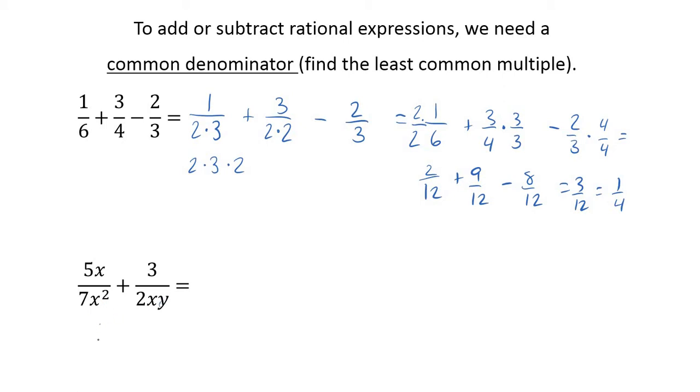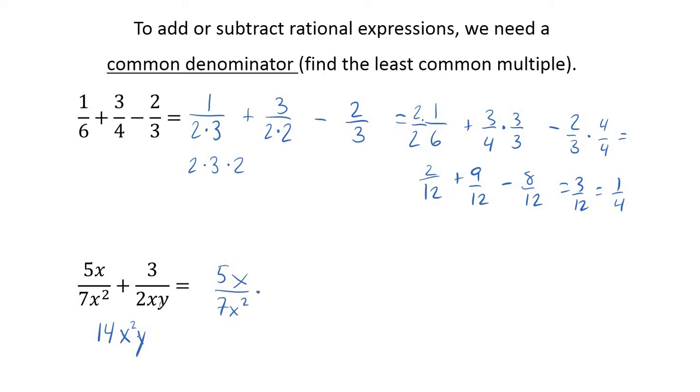So what's our overall common denominator? Well, it's going to be 14 x squared y, right? You can't have less than what you saw somewhere, and anything that's missing we need to add. So for the 5x over 7x squared, what are we missing here?